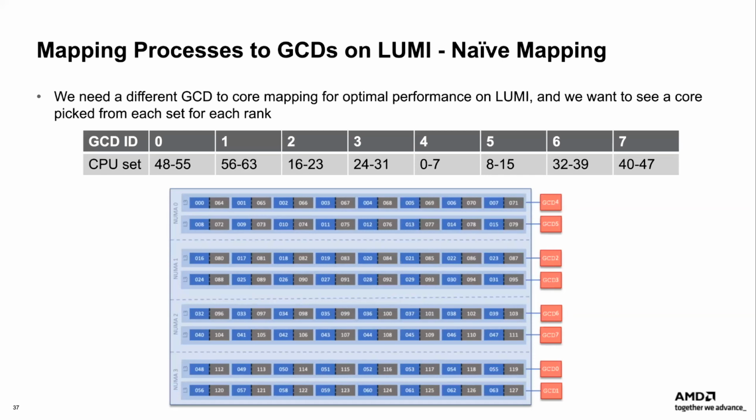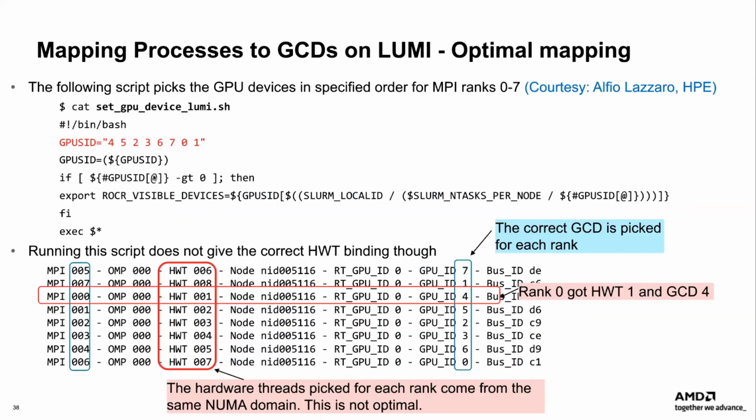So either we can set the cores that we want to run on with the script that was setting the device for us, or we can change the script, like here, to set a given order for GCDs. I want GCDs to be picked in a specific order, and then we can leave the cores that are picked to be the order they are, from 0 through however many maximum we have.